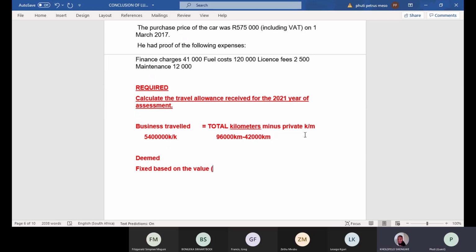My fixed was 169,552. And then the fuel one is 175.1. And then the maintenance was 96.6. Okay, cool.